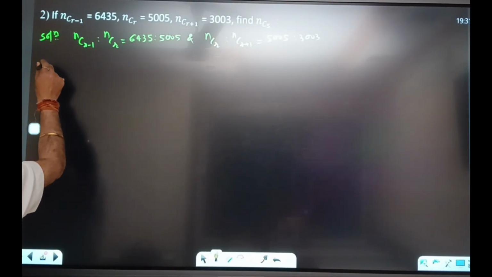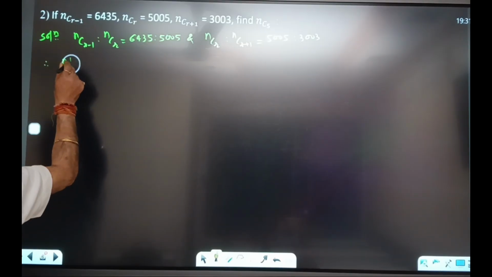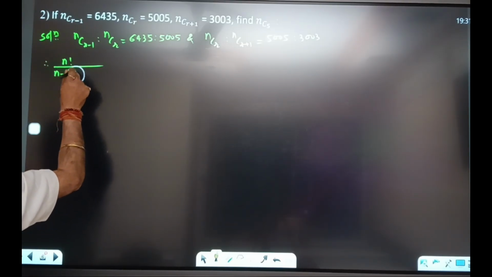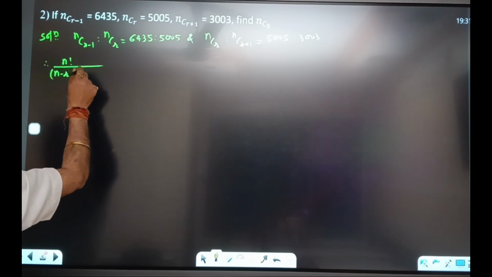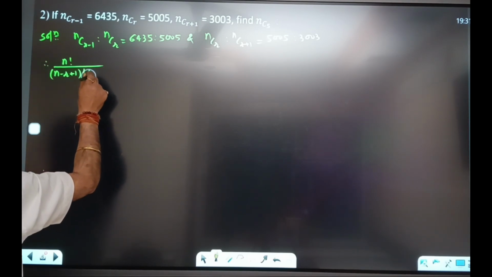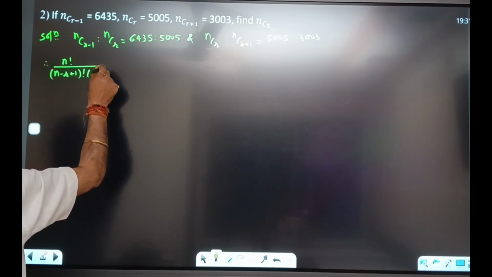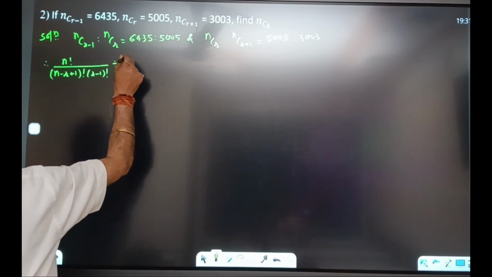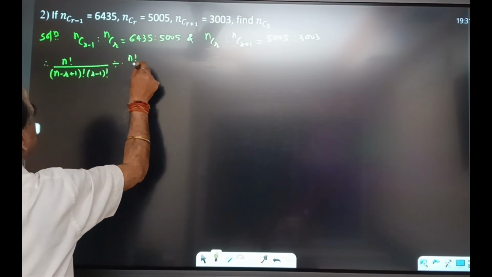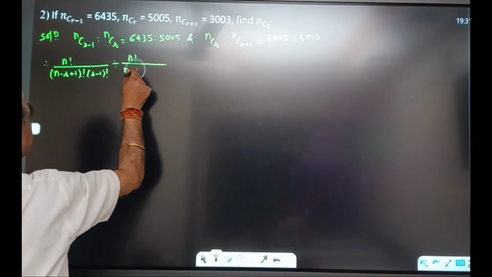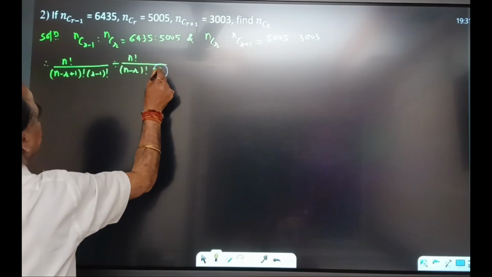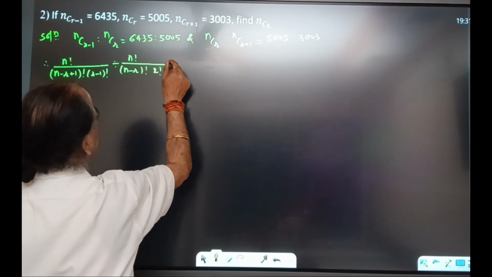Now nCr minus 1 is what? n factorial upon n minus r plus 1 factorial into r minus 1 factorial, divided by n factorial upon n minus r factorial into r factorial.